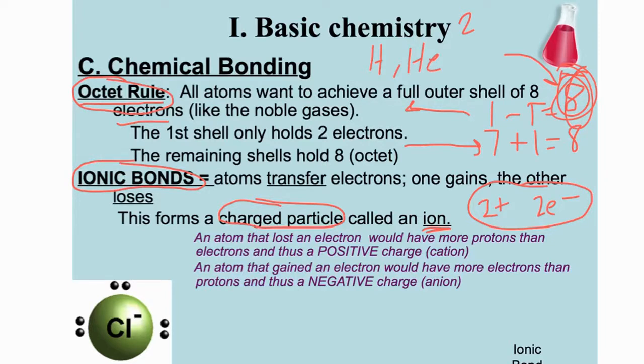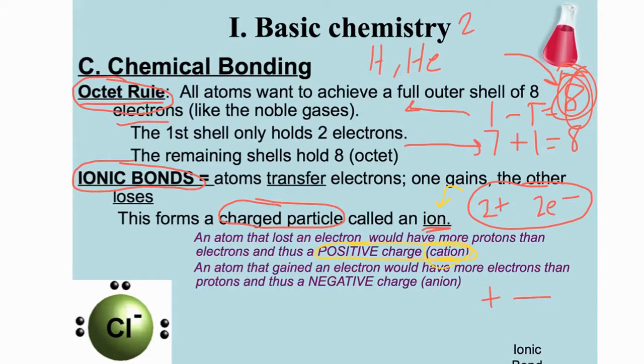But if an atom gains or loses electrons, it will now become an ion. Because if it loses 1 electron, it will now have more protons and it'll get a positive charge. If it gets a positive charge, it'll be called a cation.